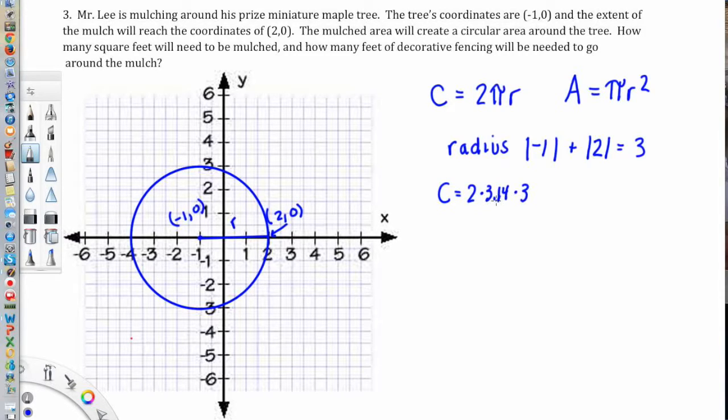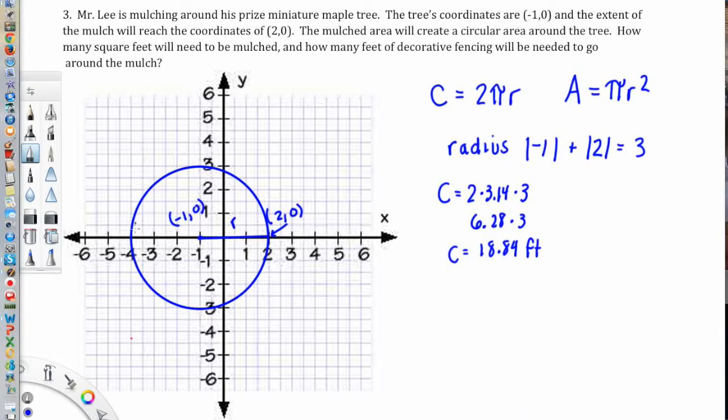Okay, 2 times 3.14 is going to be 6.28 times 3. And when we multiply 6.28 times 3, we will get 18.84 feet. So that's our circumference there.